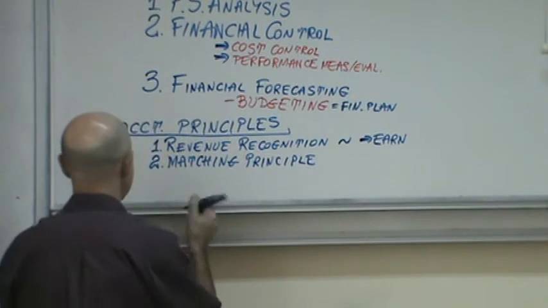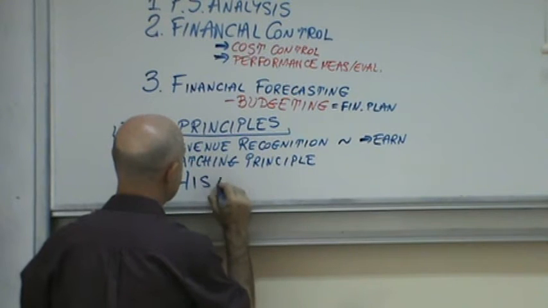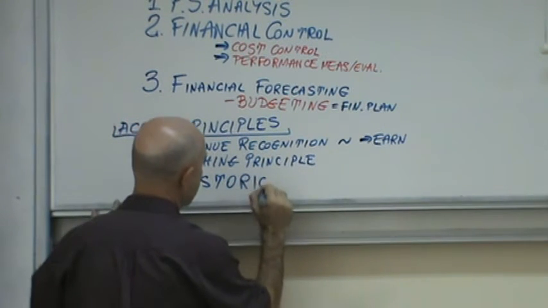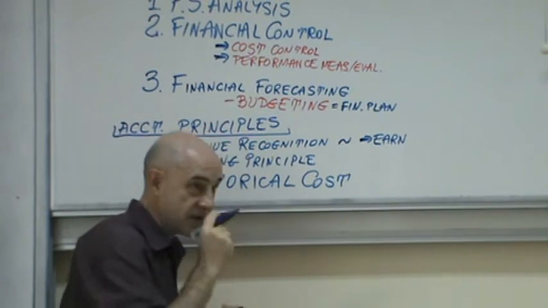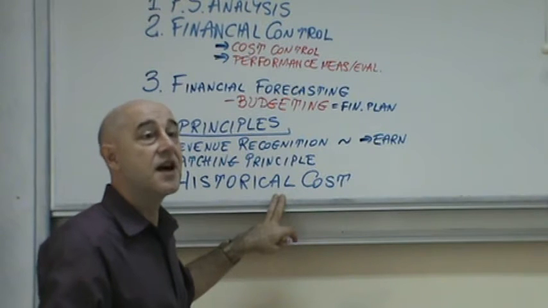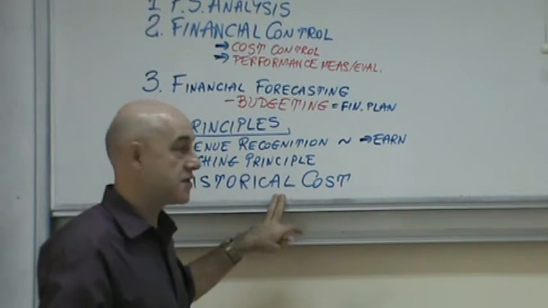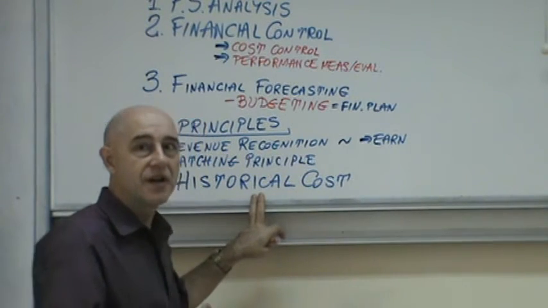Historical cost principle, again, just historical cost. You record assets at their historical cost. Historical cost is the cost that you actually incur.